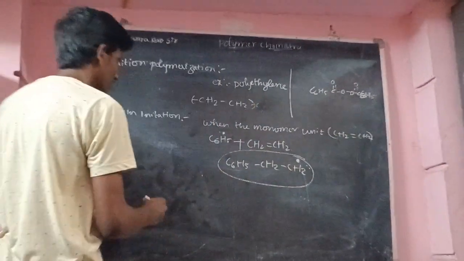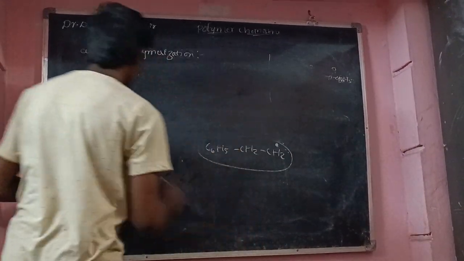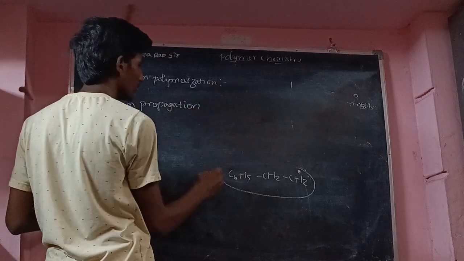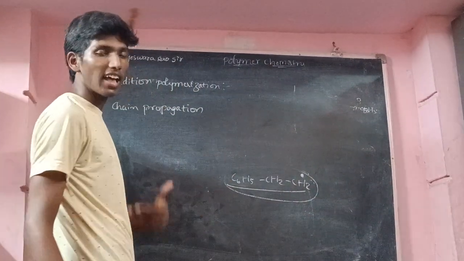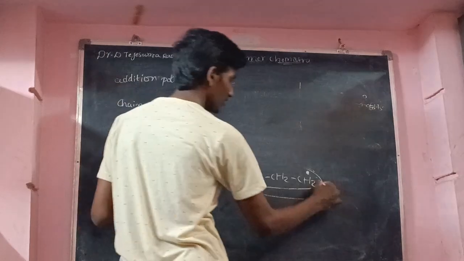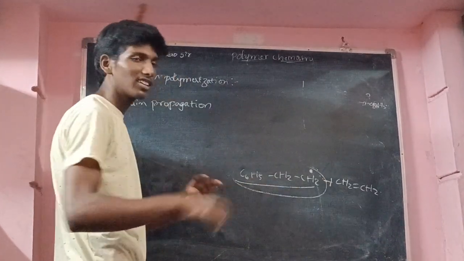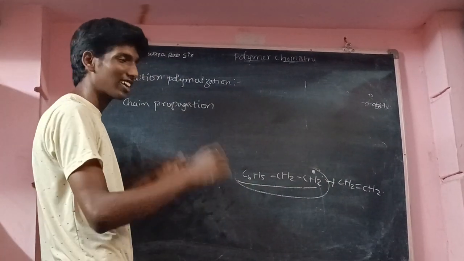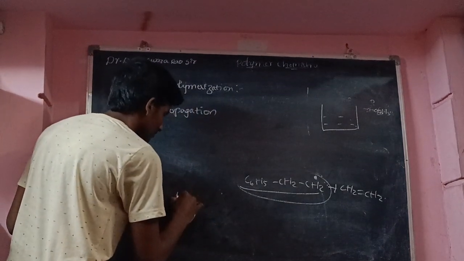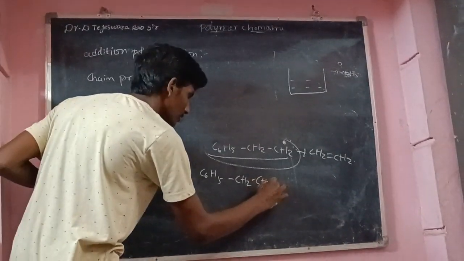Next, chain propagation. When this big radical reacts with another monomer unit of ethylene, and this process repeats until the completion of the total monomer units in the container, we get C6H5, CH2, CH2, and so on.